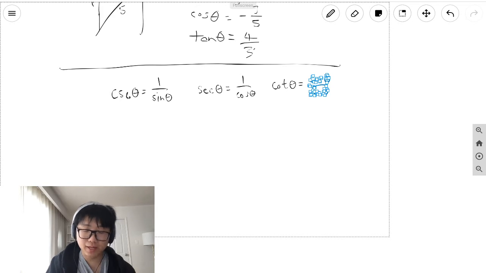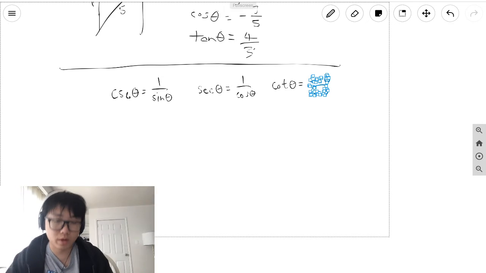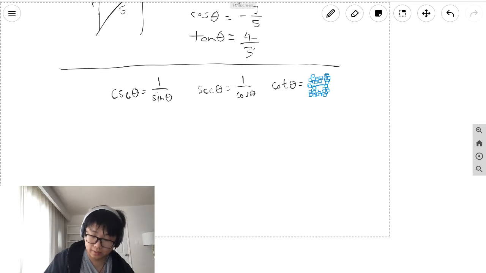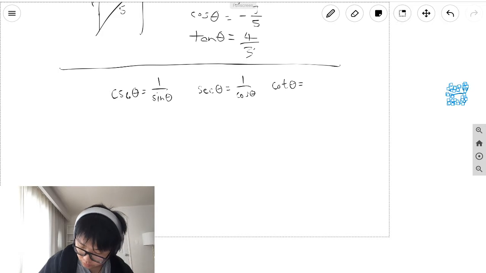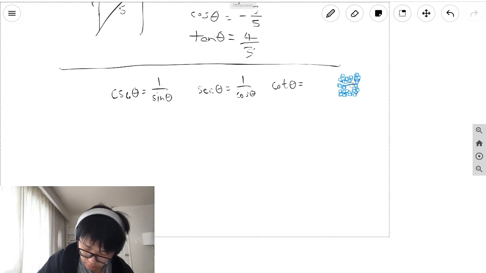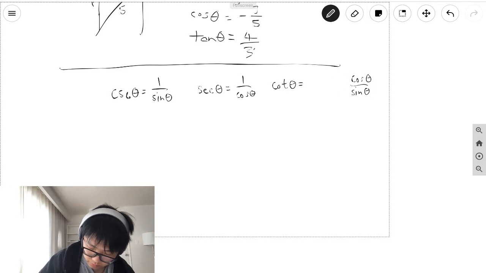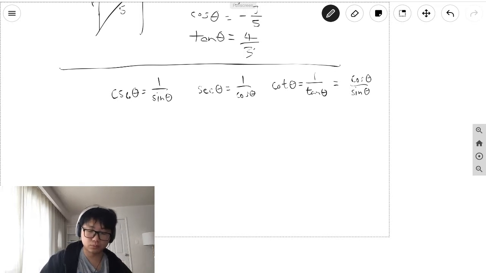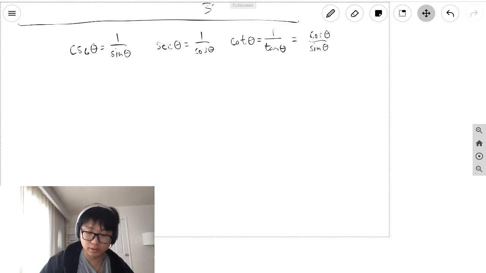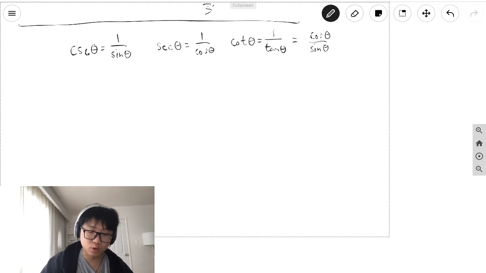And then because tan theta is sine over cos, therefore 1 over that is cos over sine. Okay. So I should write an intermediate line. So that's 1 over tan theta. So therefore, if tan theta is sine over cosine, that's why it's cosine over sine. But basically, you just got to know this is a reciprocal. It just means 1 over something.